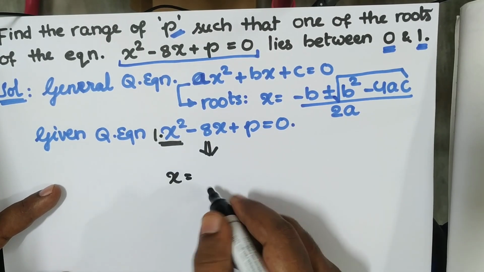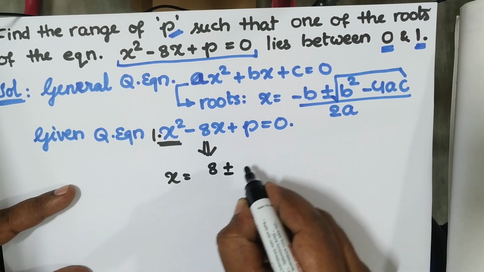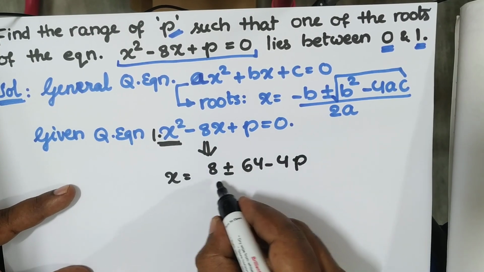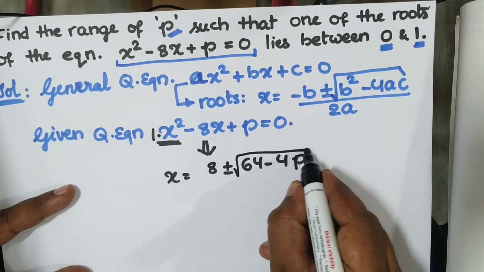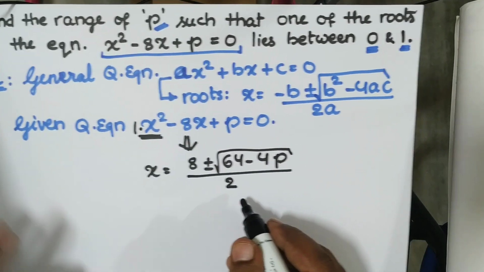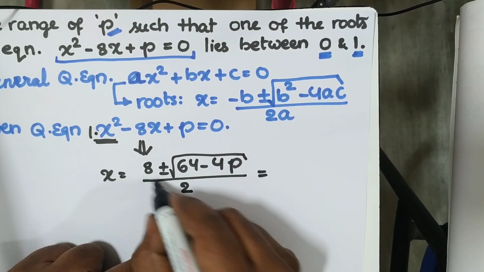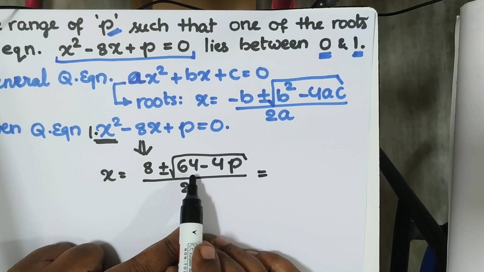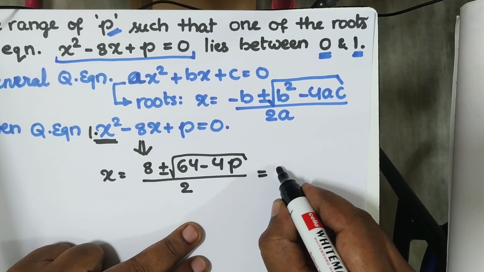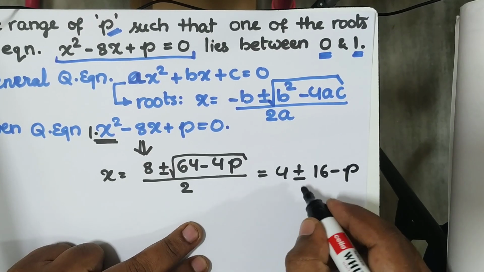Now what are the roots here? Minus b plus or minus square root of b square minus 4ac, and this is sitting inside a square root, divided by 2. If you solve it further, you would get 8 by 2. You can take 4 common here, so this becomes 4 plus or minus square root of 16 minus p.